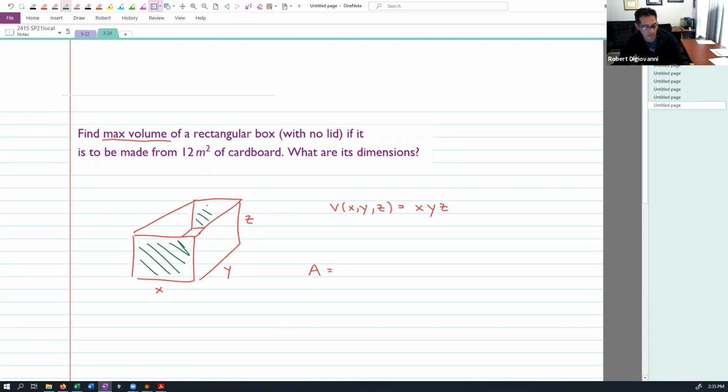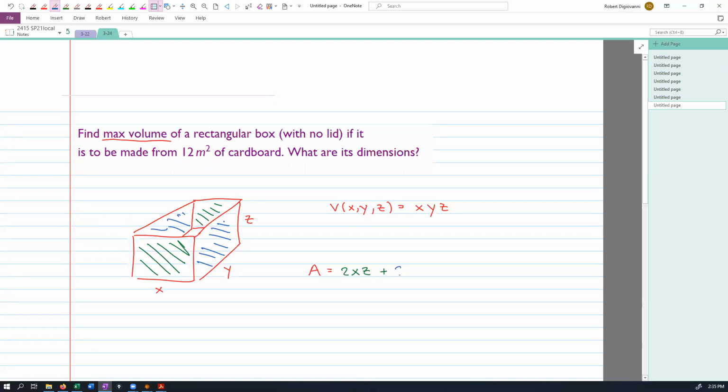The back side is the same, XZ, so we have 2 XZs, plus the sides, YZ, and we have 2 of those.